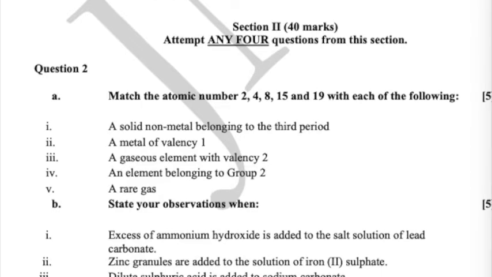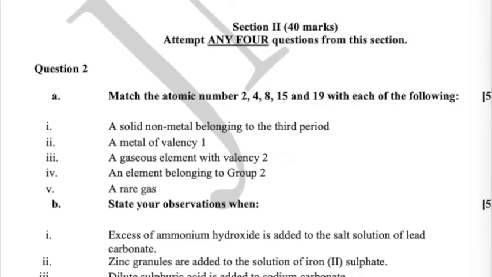Okay. Question 2A1 was the question. Match the atomic numbers 2, 4, 8, 15 and 19 with the following. I got 15, 19, 8, 4 and 2. Is that correct? Yeah, I got the same. Wait, can you repeat it? 15, 19, 8, 4 and then 2.